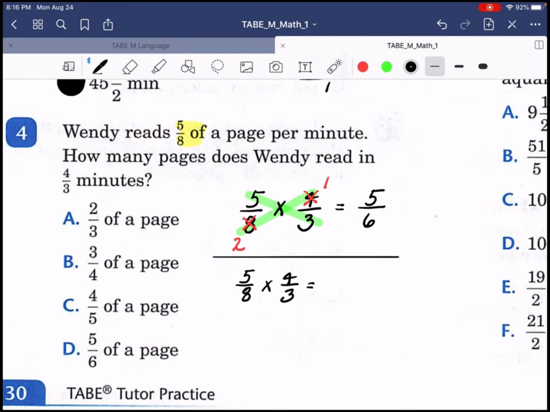I'm just sort of having to wait and see what's happening so that I can talk you through it. Yes, this is without canceling. So you get 20/24, and you're simplifying it by 4. 5/6. Either way you go, you can also use your calculator to do that. And the answer is D, as in dog.